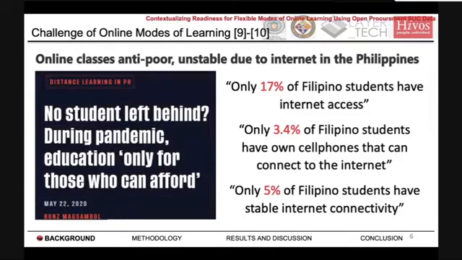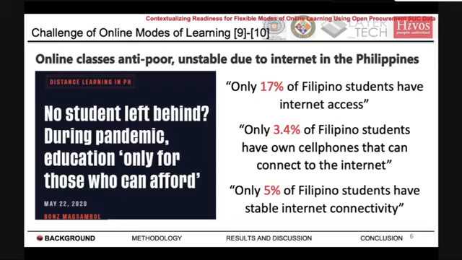However, this move to virtual classes by SUCs has been resisted by the majority of students, as this distance mode of learning, according to them, is only intended for the privileged. This statement was actually confirmed by one report revealing that only 17% of Filipino students have internet access.